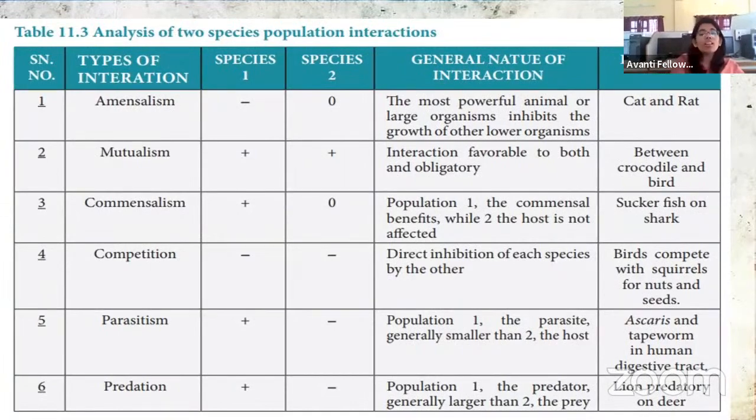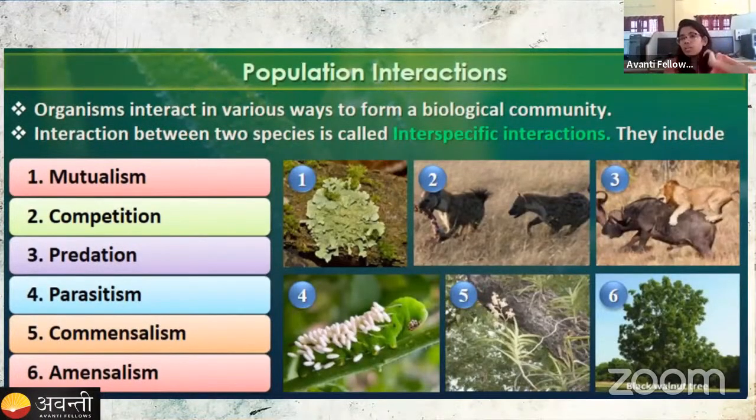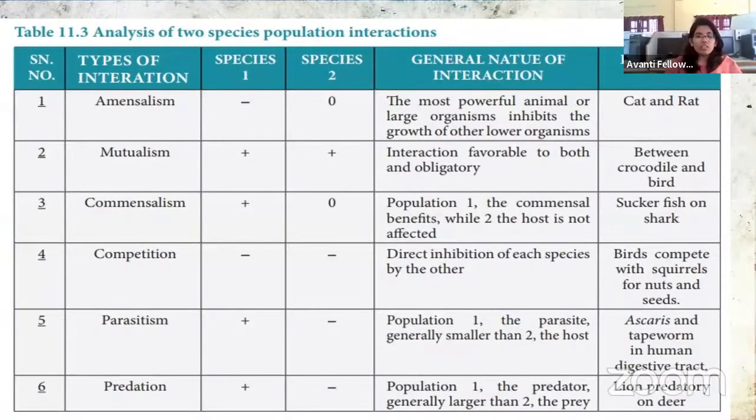In all the population interactions, two kinds of populations are involved. Let's take one example of predation, because everyone sees the Discovery Channel, right? In the Discovery Channel, what usually happens is that the tiger will hunt the deer.